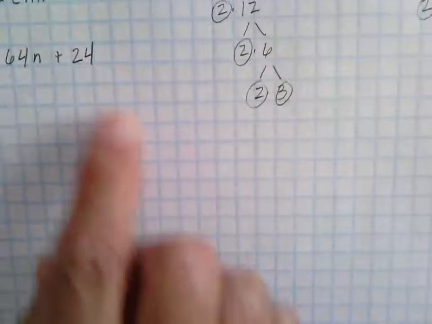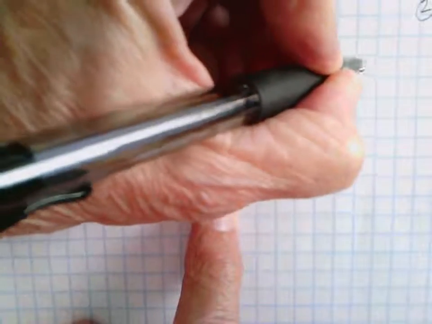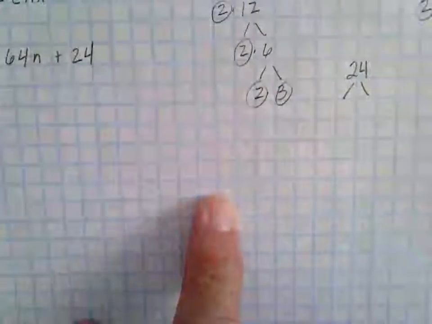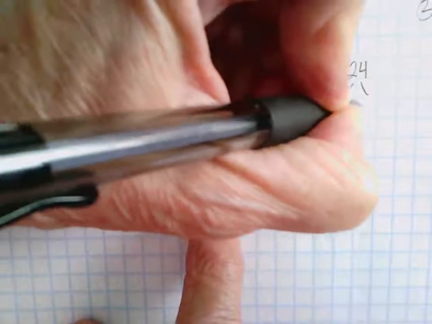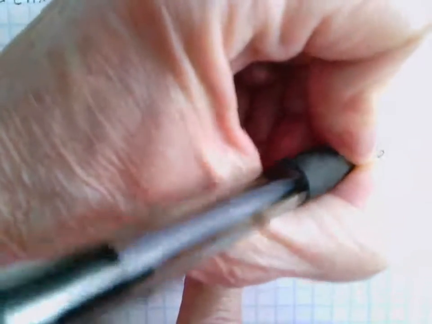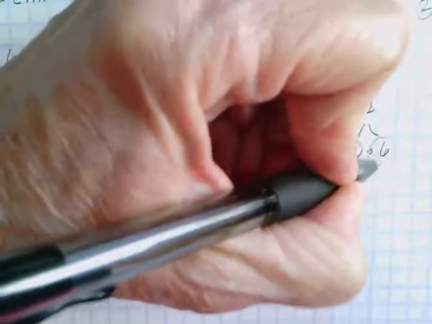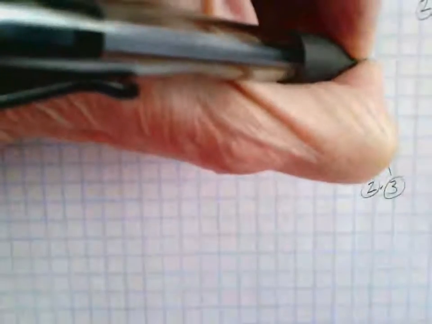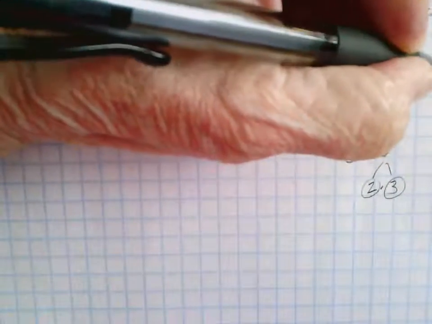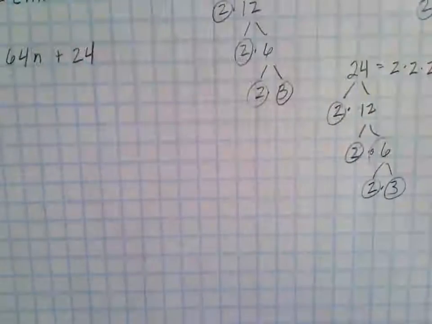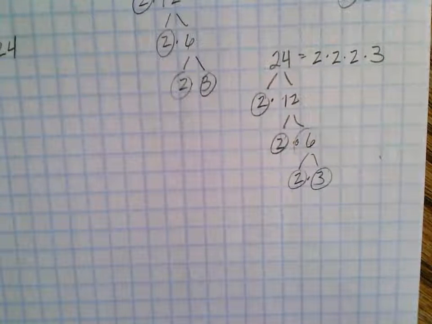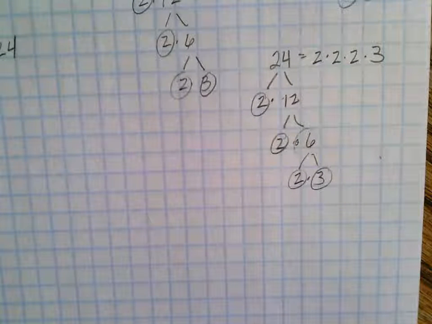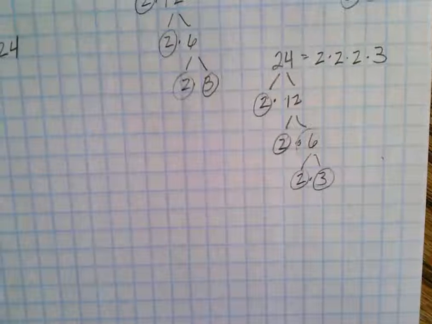So let's check and see what the factors of 24 are. 2 times 12, 2 times 6, and 2 times 3. So my prime factorization of 24 is 2 times 2 times 2 times 3.